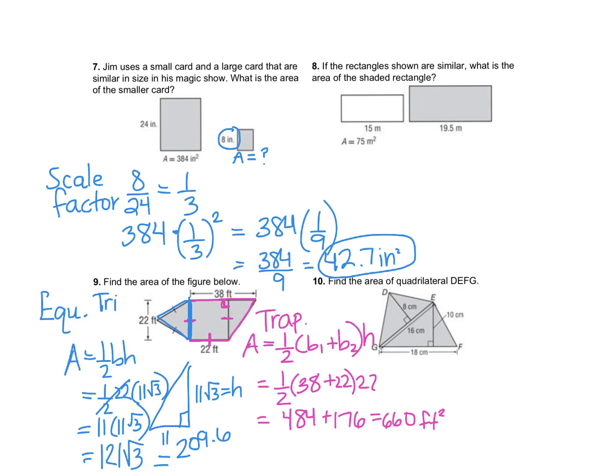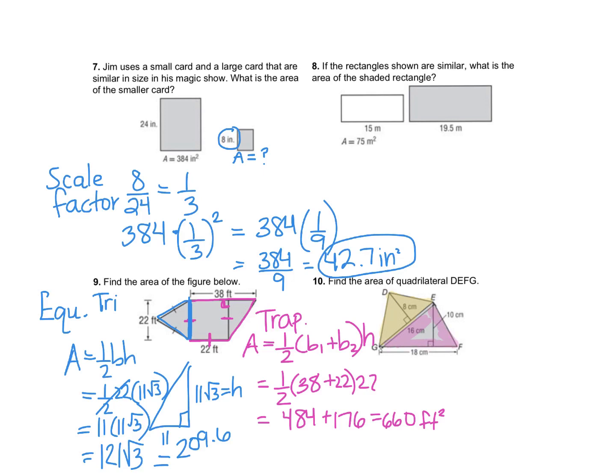All right, to solve number 10, you're going to look at it as being two triangles. So we have this one triangle that I'm highlighting in yellow that has a base of 16 and a height of 8. And then we have the other triangle at the bottom that I'm highlighting in pink.